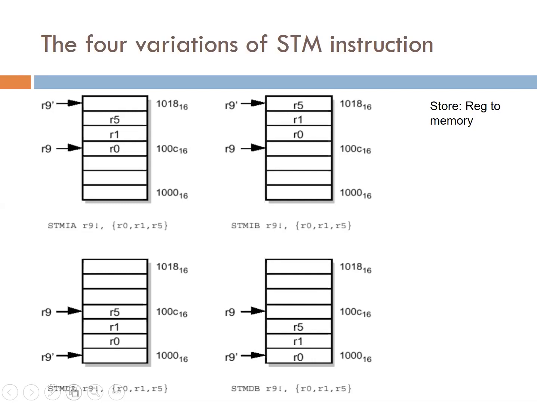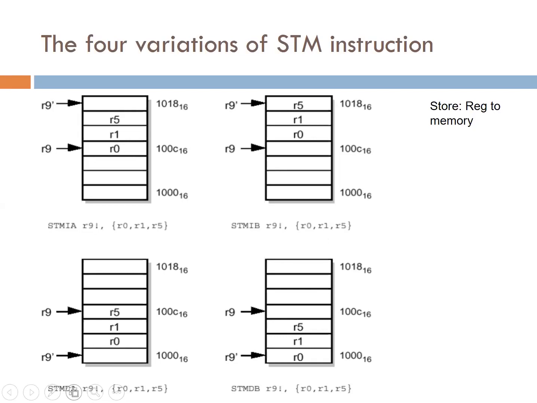Next, we will look into the next example, STMDA, that is decrement after. You have to decrement after storing. So R9 exclamatory mark followed with R0, R1 and R5. Whenever you apply the formula for DA and DB, you have to take care of the operation.